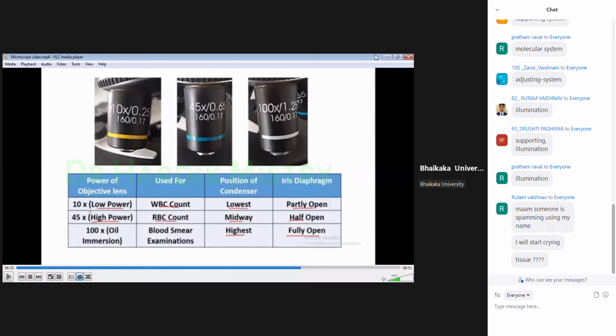But in our further practical class, you will also come to know where these objective lenses are used apart from hematology practical class, that we will discuss further in the next few slides.